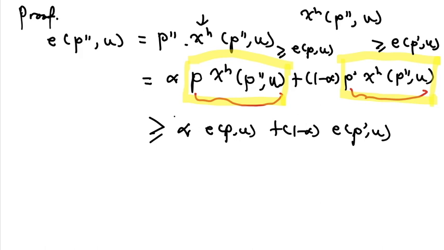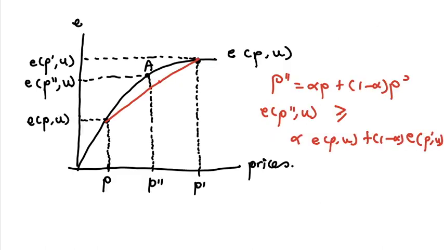Now, in the form of a graph, where is it? You see here, the expenditure evaluated at price P double prime, with a given utility, is at point A. It is bigger or greater or equal to the linear combination of expenditure of P and P prime. So the linear combination should be somewhere here, isn't it? Between this red line.